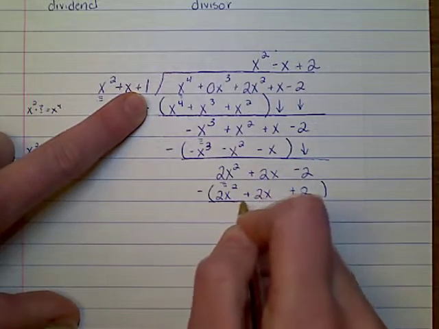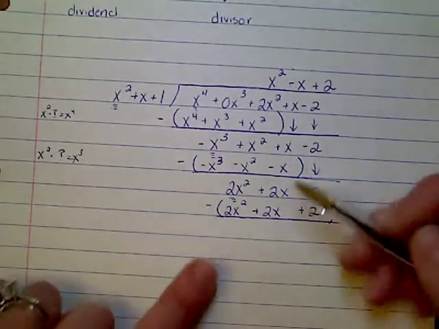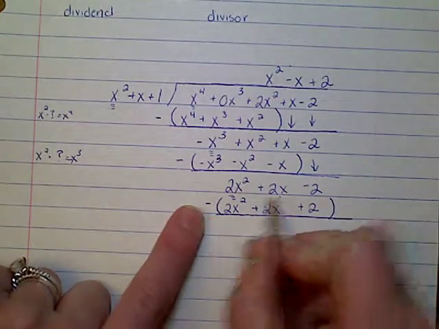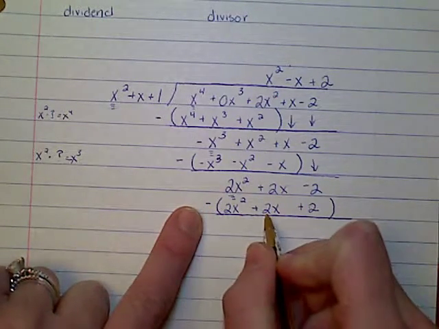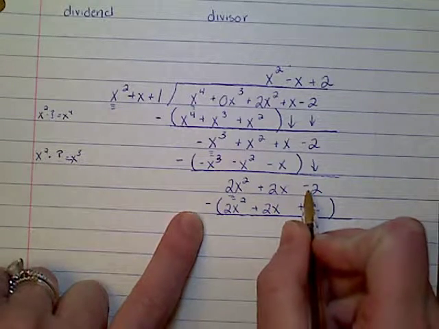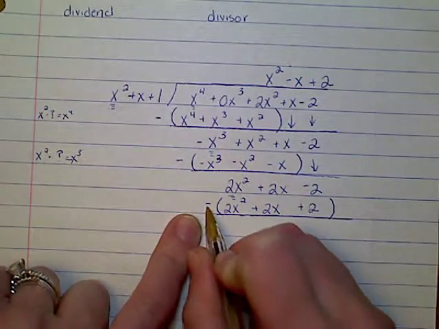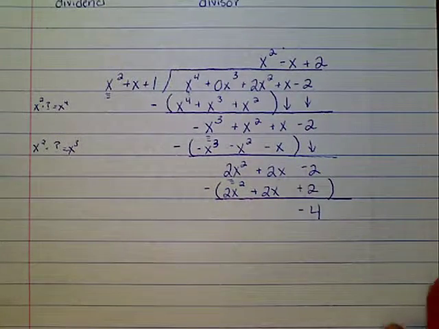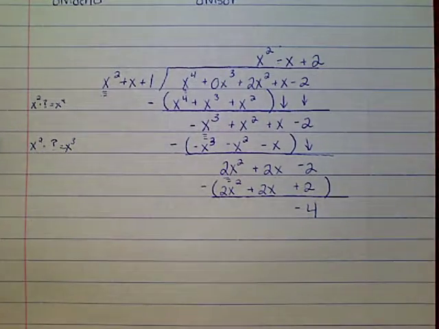2x squared minus 2x squared, that cancels. 2x minus 2x, that cancels. Be careful here though, negative 2 minus 2 is actually negative 4. So this negative 4 is actually my remainder.